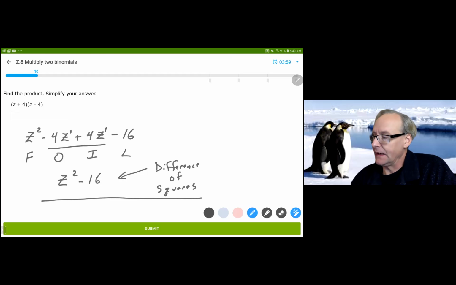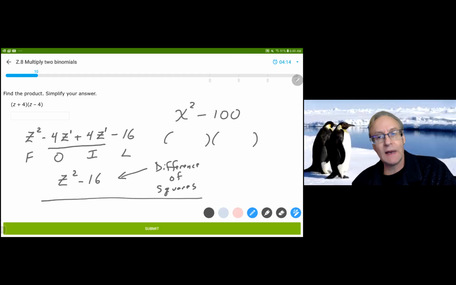In this particular case, if you ever get a difference of squares, like x squared minus 100, there will always be a very simple way of factoring them, because we know that the middle two have to cancel each other out. We know that the x times x gives us the x squared, and the minus 10 times positive 10 gives us the negative 100, and the middle pair do cancel out.